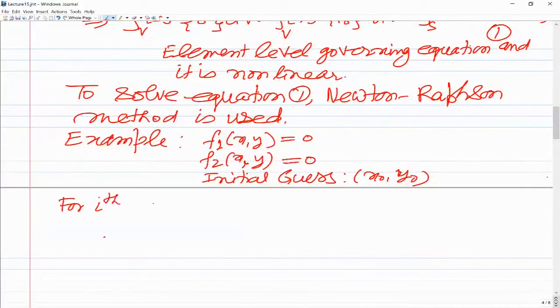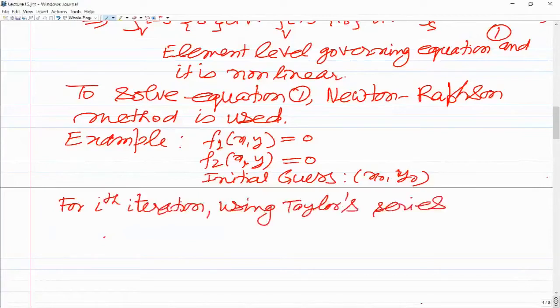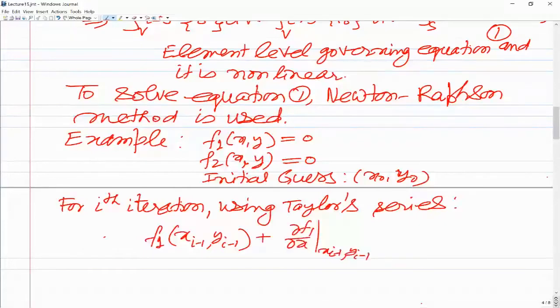For the ith iteration, using Taylor series and retaining only the constant term and the first order term, we can write the first equation as f1 evaluated at the previous iteration, that is x at i minus 1, y at i minus 1, plus del f1 by del x, evaluated at x i minus 1, y i minus 1, into delta xi, the increment in x for the ith iteration, plus del f1 by del y, again evaluated at x i minus 1, y i minus 1, into delta yi, equal to 0.